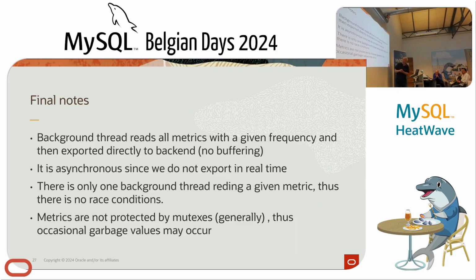It's asynchronous. We don't export in real time. There is only one background thread per metric, so there's no conflict in threads. And they are not protected by mutexes, in general at least. So occasionally you might see garbage, but it is unlikely. This is simply because it's probably not a big deal: you see a strange value.